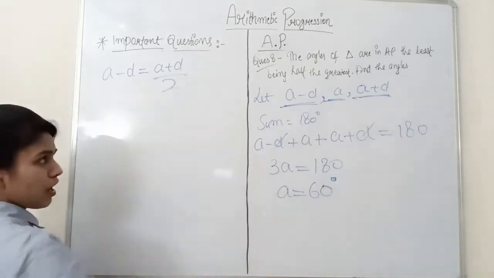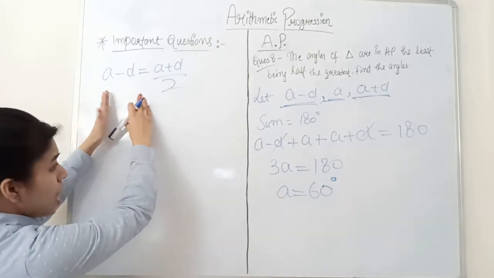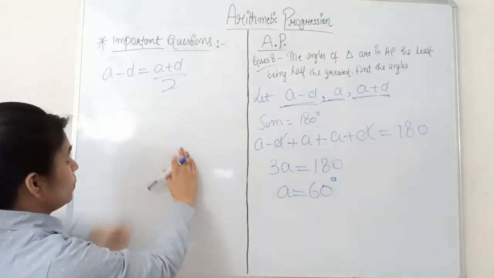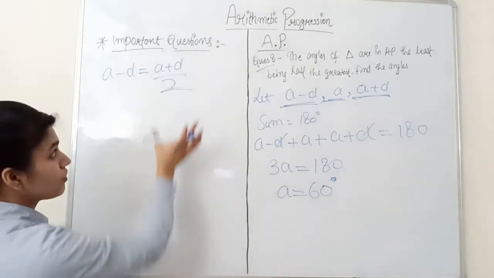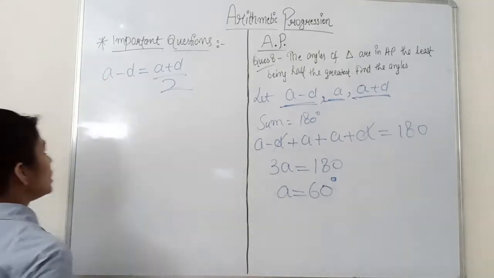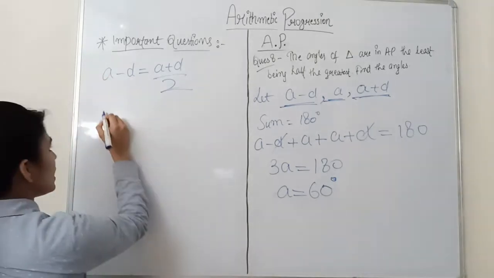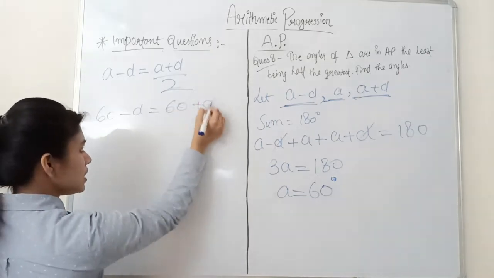Half of the greatest value will be equal to the least value. What is a? a is 60. 60 minus d is equal to (60 plus d) upon 2.